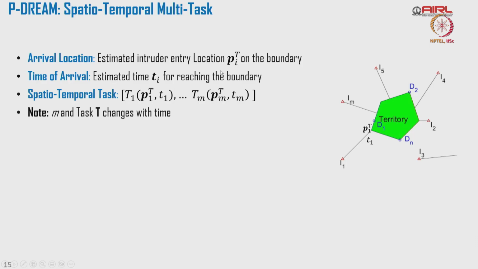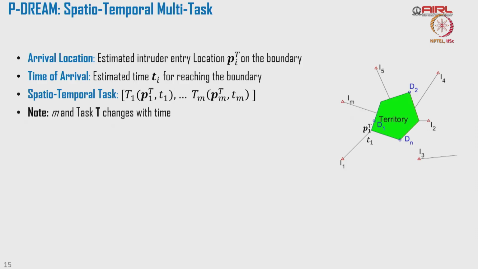Then the task here is to capture all of them, right, that becomes spatial and temporal. When intruder 1 reaches the position P1 at T1, that is T1. There are m tasks, the number of tasks is unknown, right, the task location and time is predicted. How many tasks are going to be there?